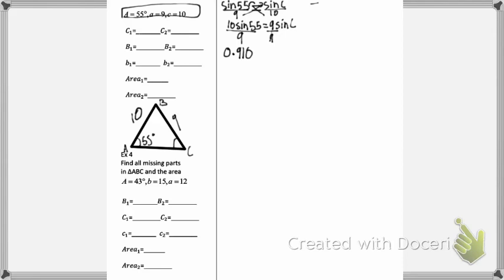And then, 0.910 equals sine C. Now let's do the inverse. So sine inverse.